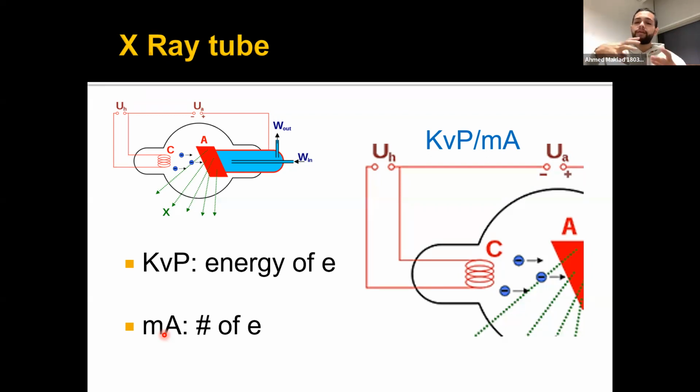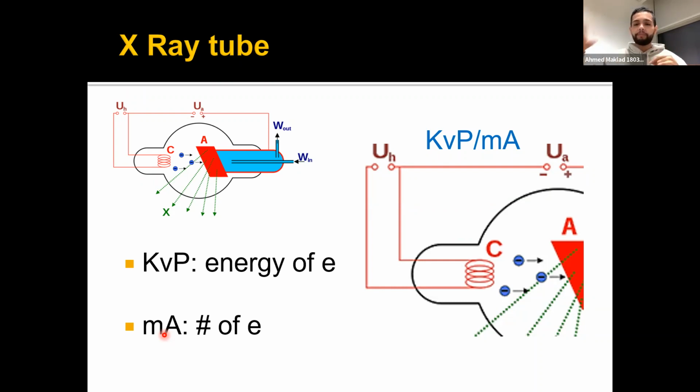If you increase the milliampere, or the number of electrons, you're going to get a better quality image, right? So the higher the kVp, the higher the energy, the worse the image. The higher the mA, the higher the number of electrons, the better the image. So keep that in mind. If you want to improve the image, all you got to do is decrease the kVp and increase the mA.